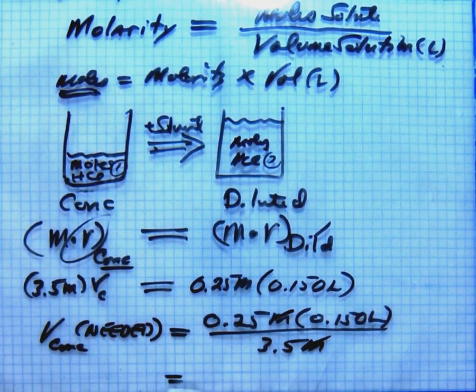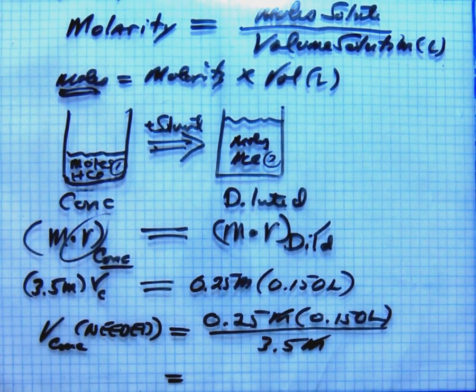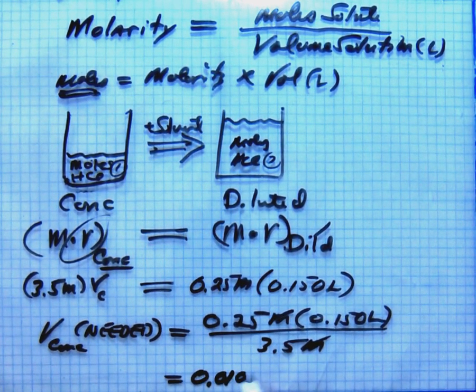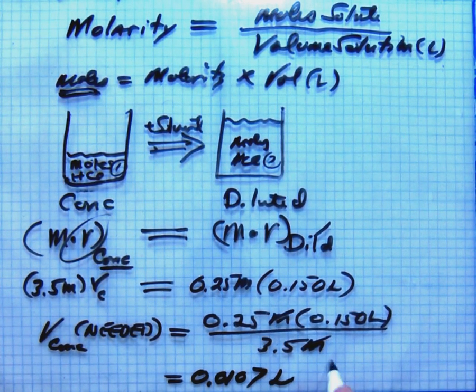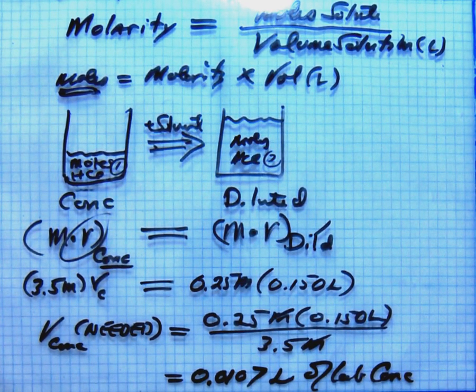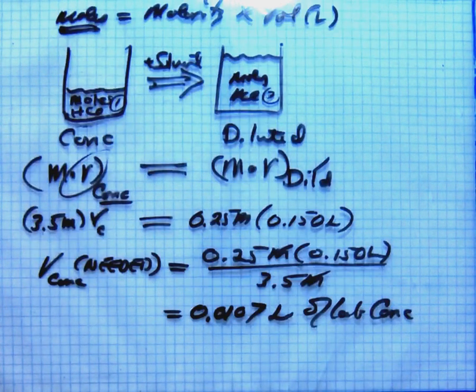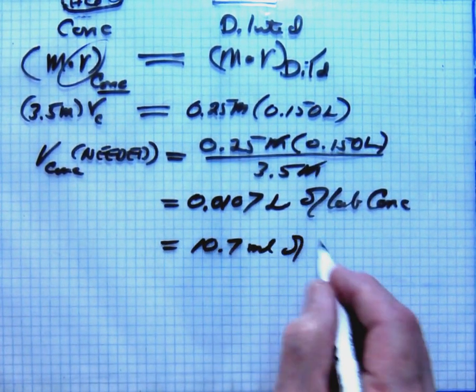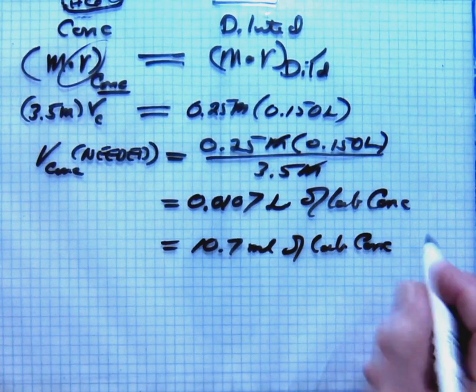Molars drop out, and this will give me 0.0107 liters of lab stock concentrate. Multiply that by 1,000, which is 10.7 milliliters of lab stock concentrate.